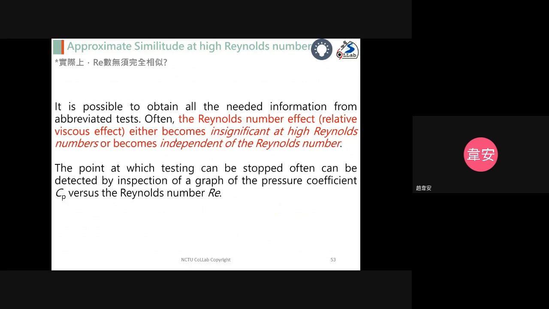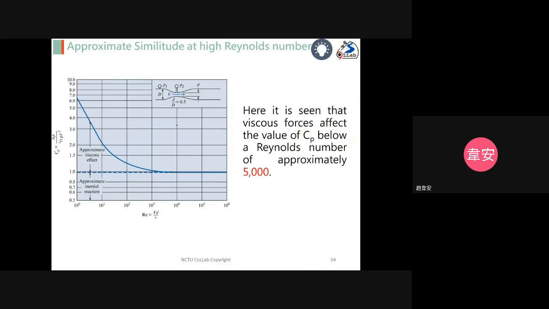So I just put the figures and try to explain why we don't need to satisfy the relatively high Reynolds numbers in that way. As you see, the y-axis is the pressure coefficients, and the x-axis is the Reynolds numbers.